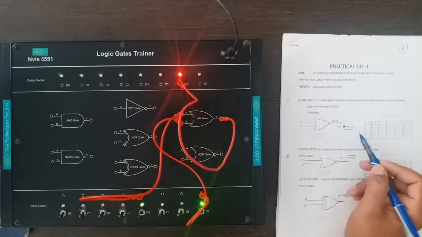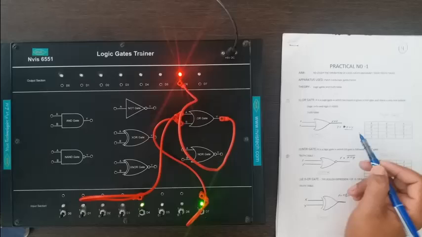In case of XOR gate, when both inputs are the same, whether inputs are low or inputs are high, your output should be low.